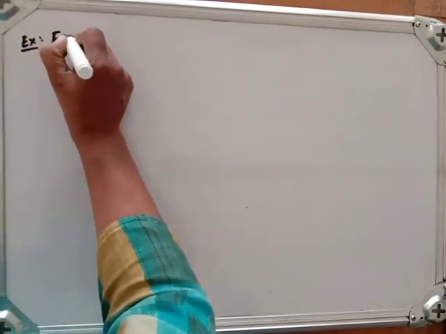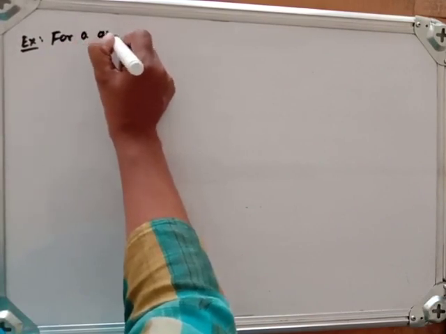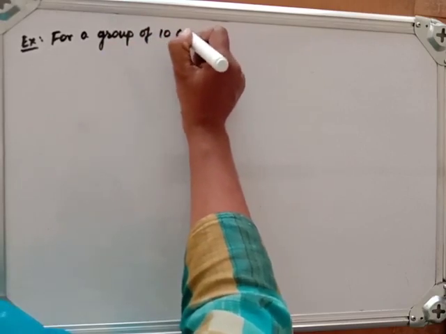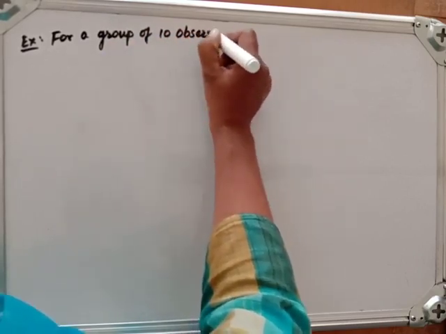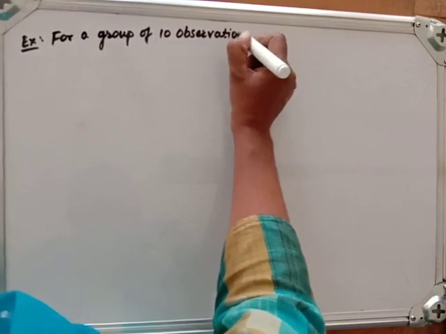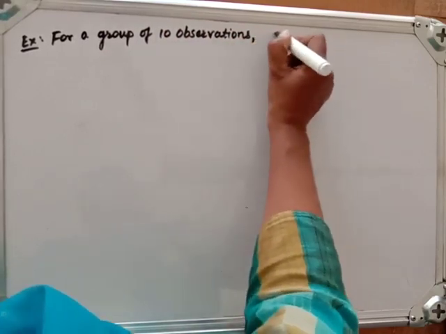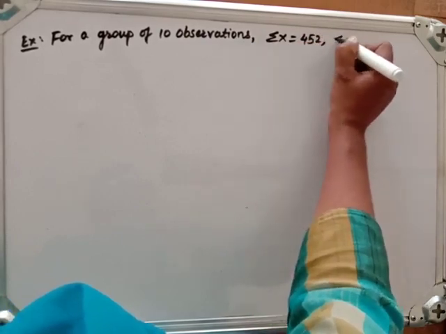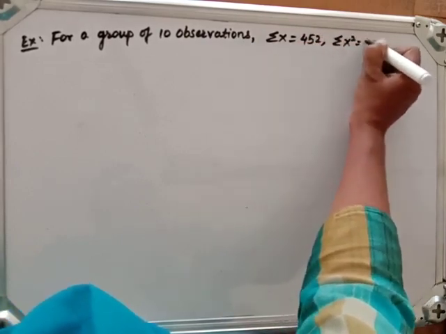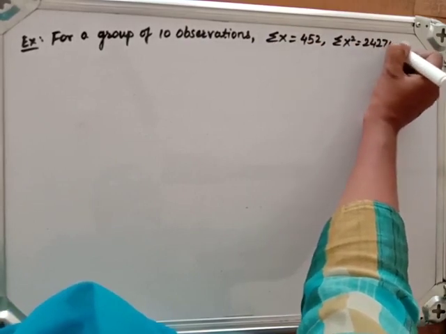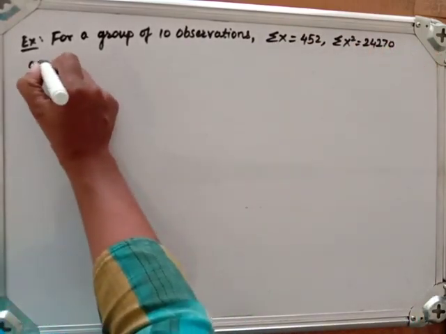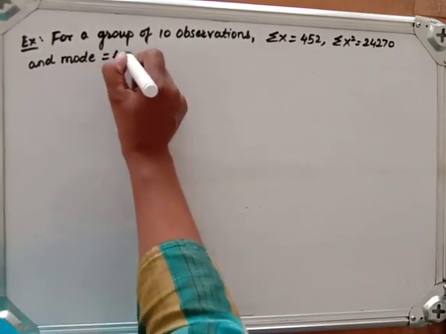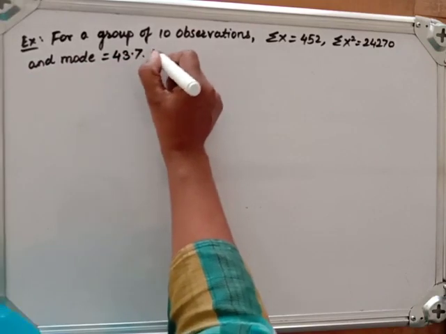For a group of 10 observations, summation x is 452, summation x square is 24,270 and mode is equal to 43.7.